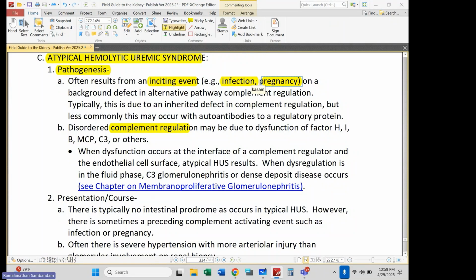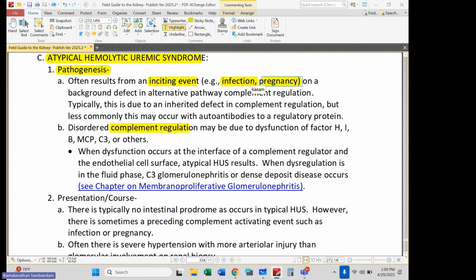That often can add diagnostic uncertainty because pregnancy is another context in which you can have TTP. So ADAMTS13 levels go down in normal pregnancy. So that can be an inciting event for TTP.